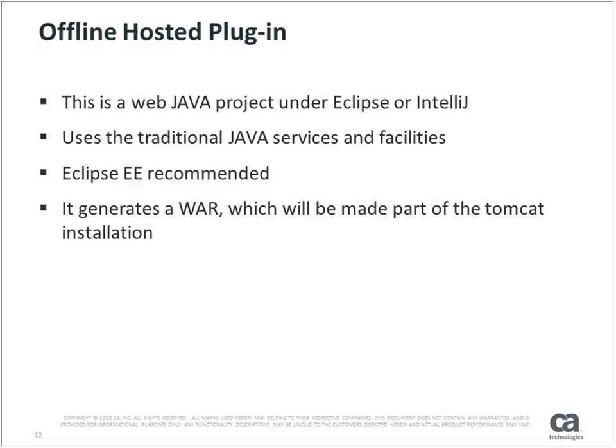You can also include, if you need to interact with .NET applications or C++-based applications, inline calls to those other types of platforms as needed. And that's the power that the offline hosted application plugin brings to the table.